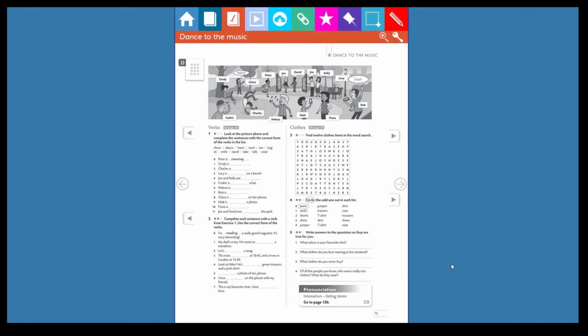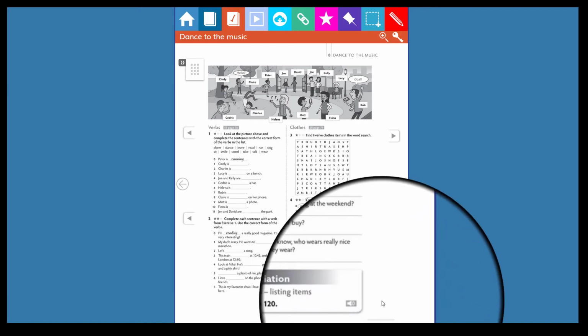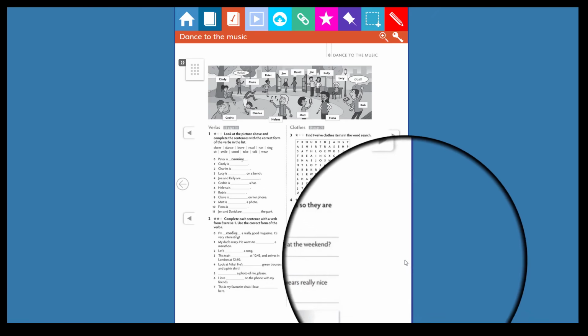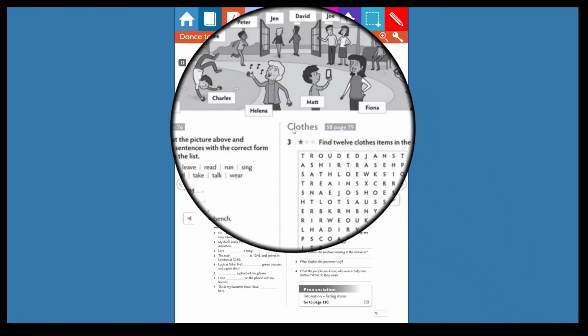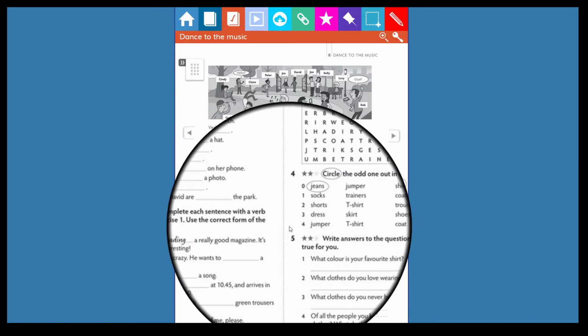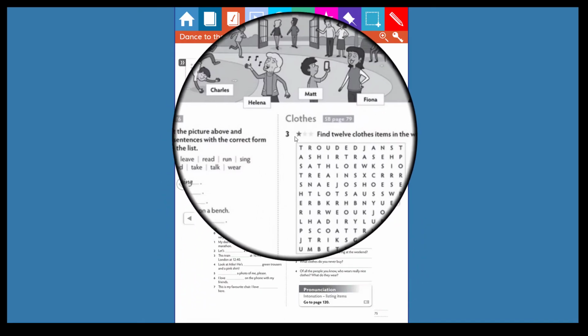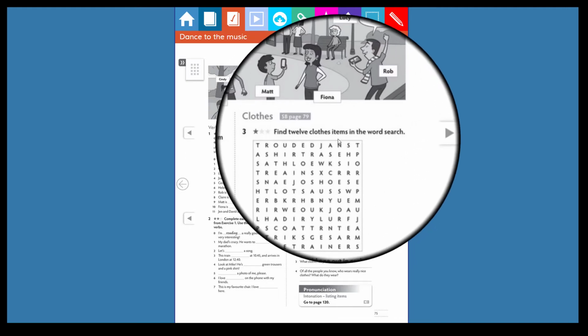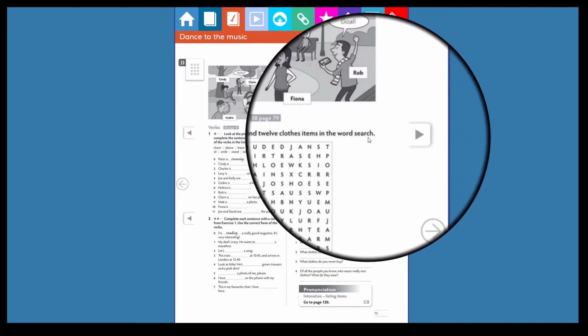And this is the homework that you have to do this week. You have to continue on page number 75 of the workbook, and you have to do activity number 3, 4, and 5. In activity 3, you have to find 12 clothes items in the word search.